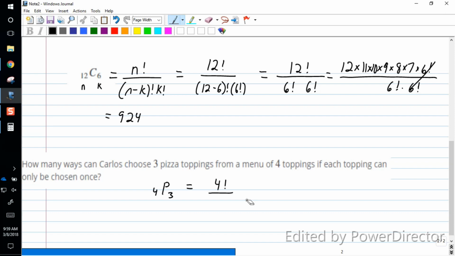I'm just thinking. Okay, so we're going to choose 3 toppings out of a menu of 4 toppings, and each one can only be chosen once. So I don't even think this is a permutation or a combination. So how many ways can he choose this?